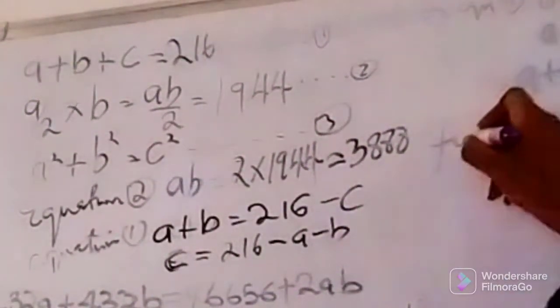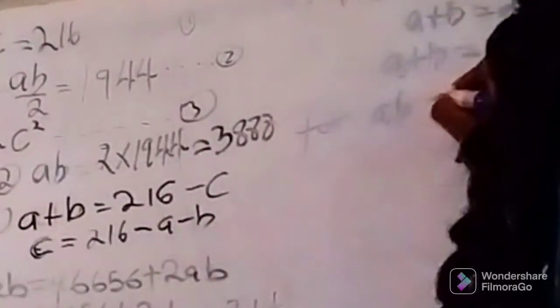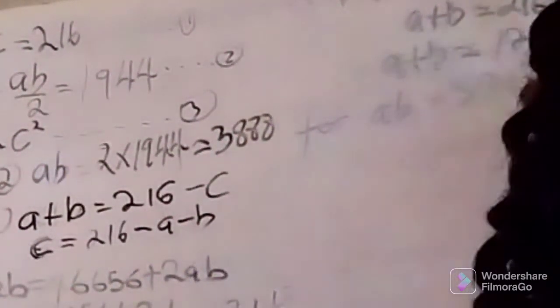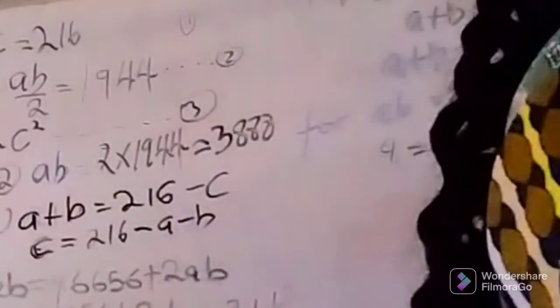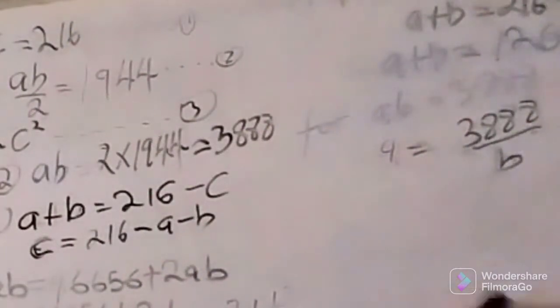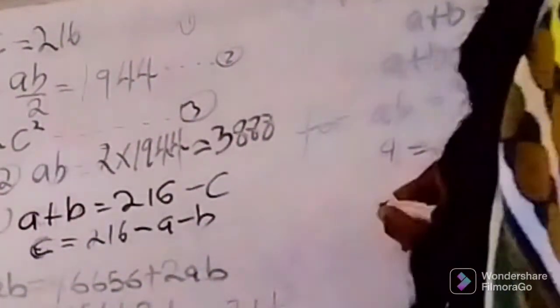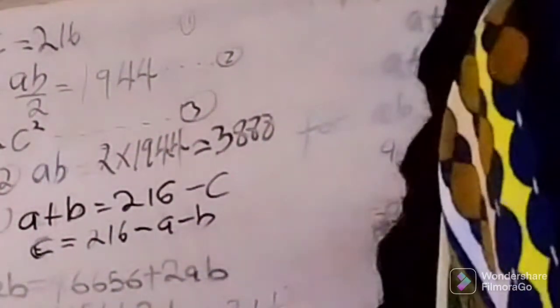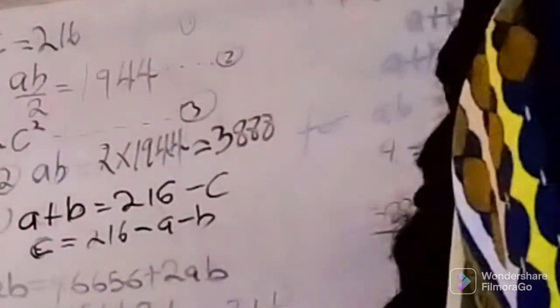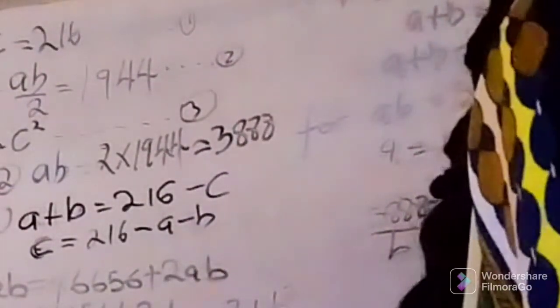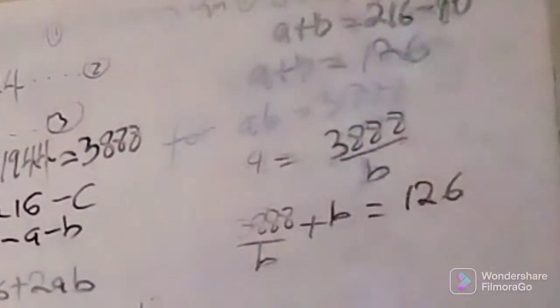So we say for AB equal to 3888, A is equal to 3888 over B. So if we substitute this value into this equation, we'll say 3888 over B plus B is equal to 126.